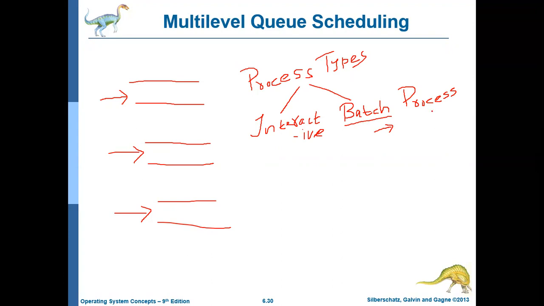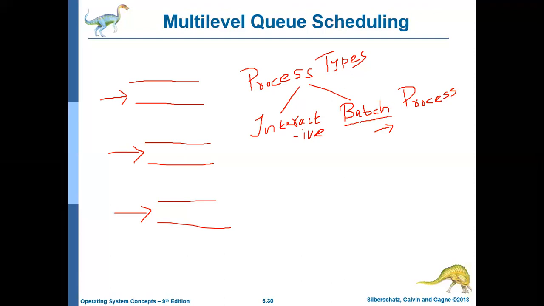After that time, the user will come and check the result. These processes do not require a very low response time; they can respond slowly, but the interactive process should respond fast. So this is one way of dividing the processes.